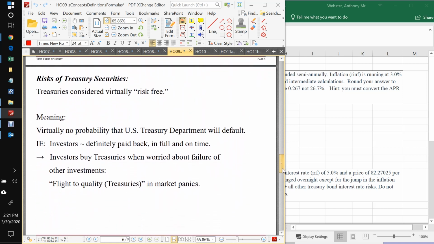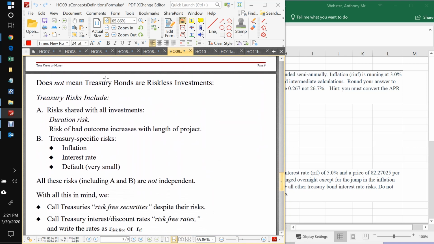Second important takeaway from this chapter is that treasuries are called risk-free, but they do have some risk, right? There are risks in treasuries, and they have risk that is shared with any investment. That's duration risk.